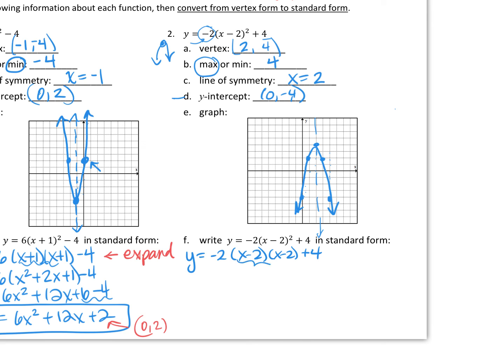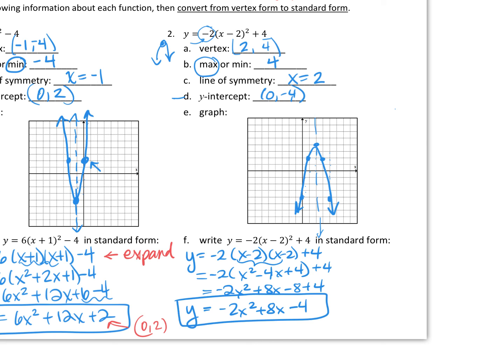And then if I FOIL this, I'll have x squared minus 4x plus 4, plus 4. Distribute the negative 2, I get negative 2x squared plus 8x minus 8 plus 4. And then y will equal negative 2x squared plus 8x minus 4.